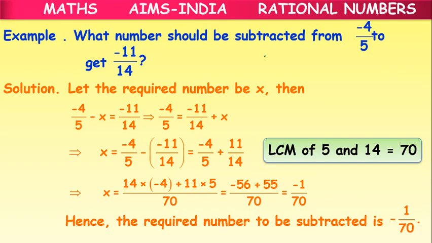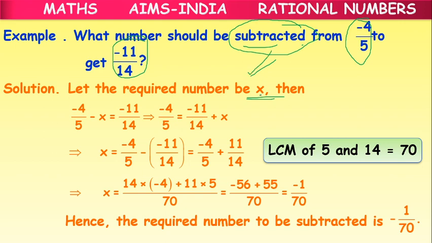Now, in the previous question, they asked what number to be added. Now it is somewhat different. What number should be subtracted from minus 4 by 5 to get minus 11 by 14? Let the required number be x.